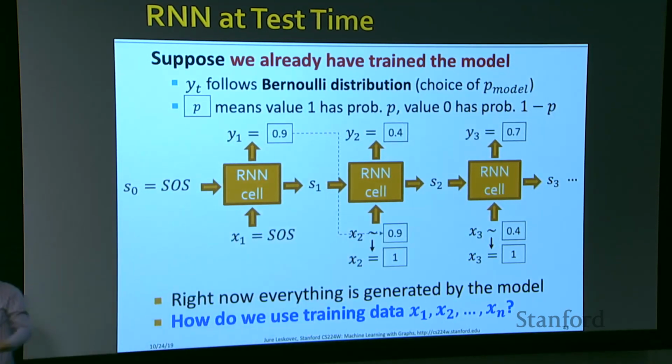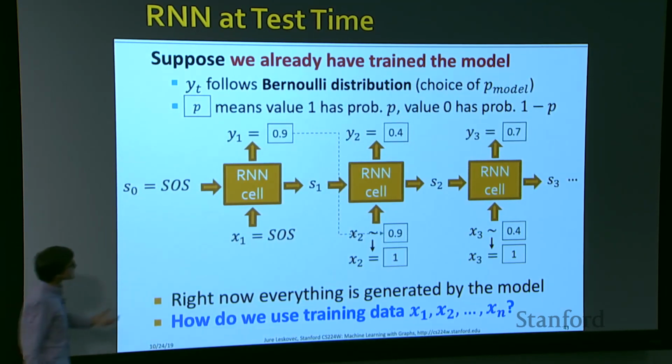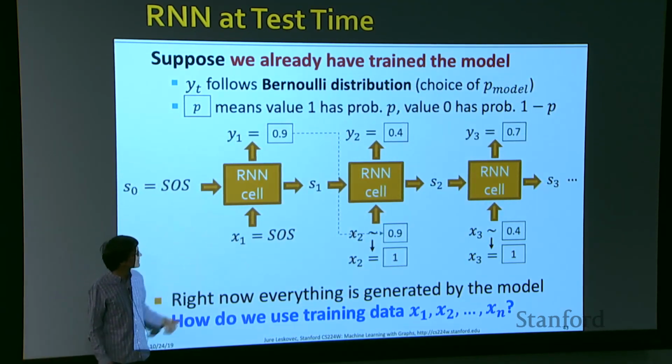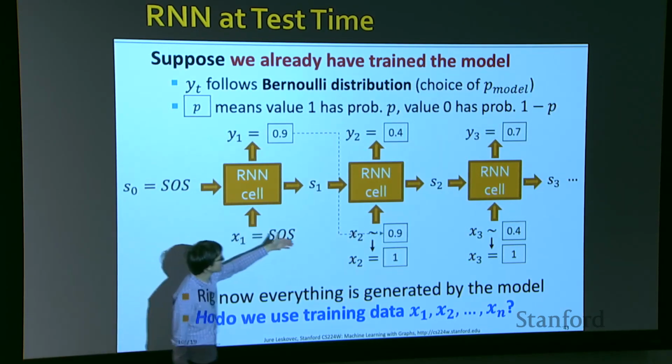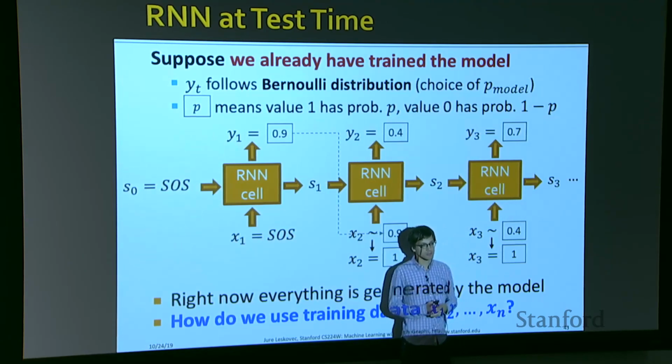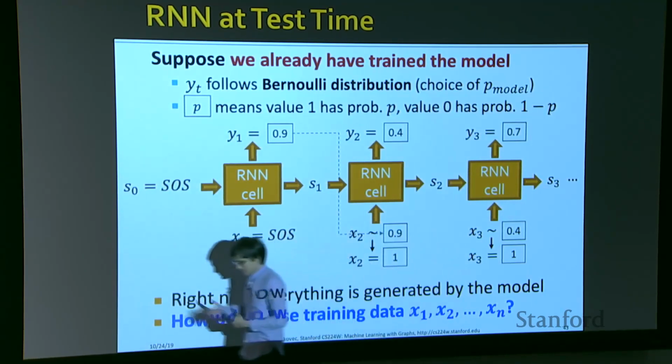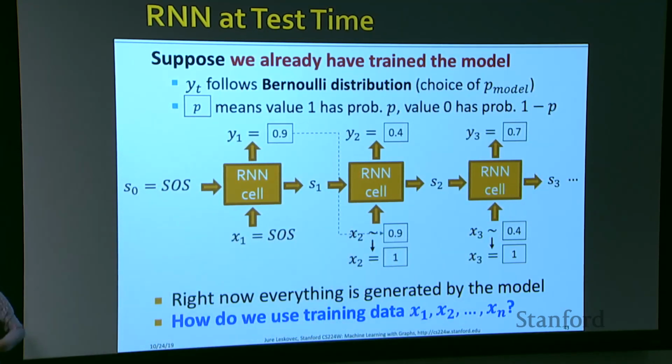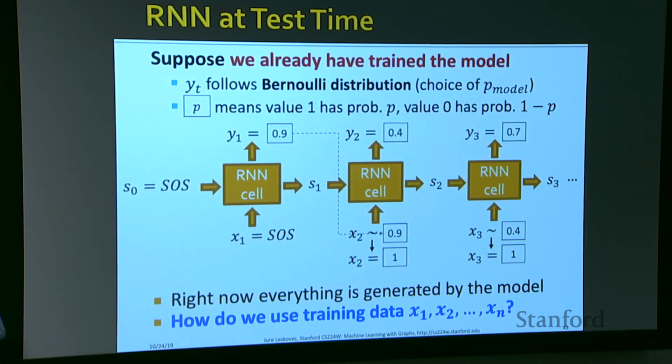So we'll have some variance in the graphs we generate. This is what happens at test time. We keep running this until one of these cells says end of sequence. If the network doesn't say end of sequence, we would generate an infinitely large graph.